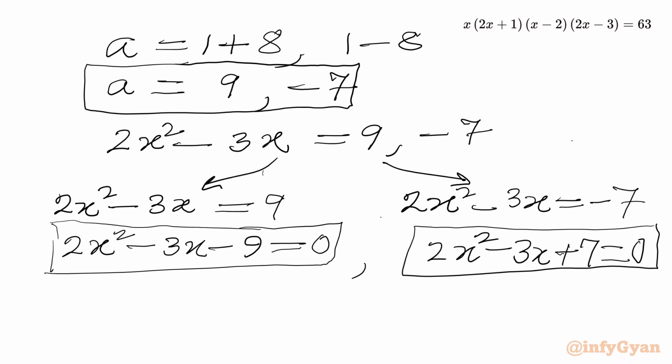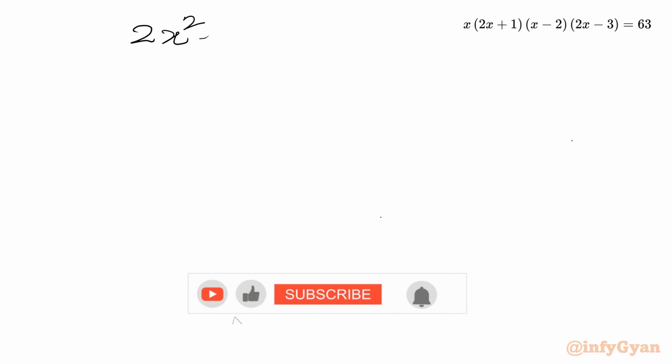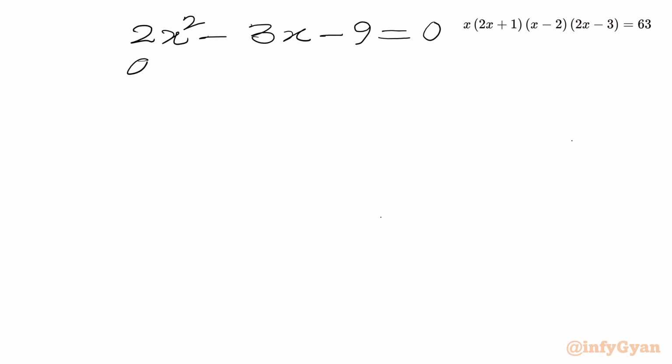Let's begin with the first one, 2x square minus 3x minus 9 equal to 0. We are going to use the quadratic formula over here. First of all, we will write the values of a, b and c. A is the coefficient of x square, it is 2. B is the coefficient of x, it is minus 3.